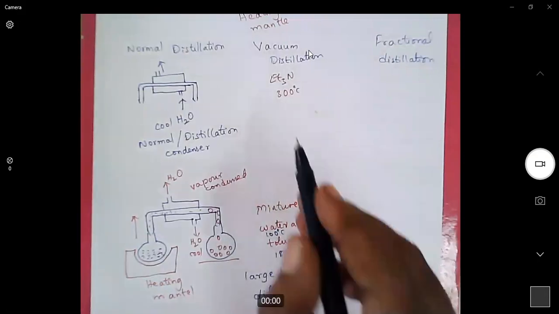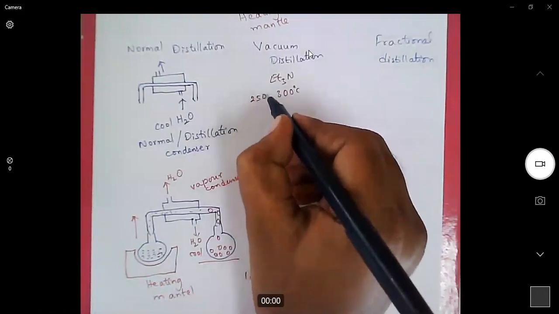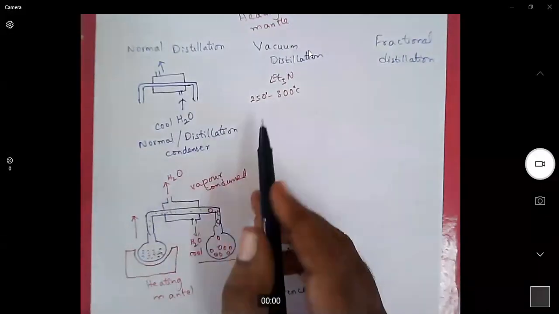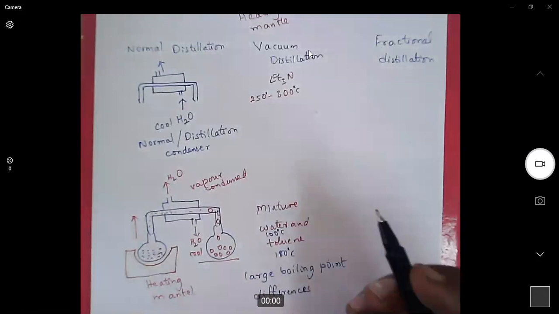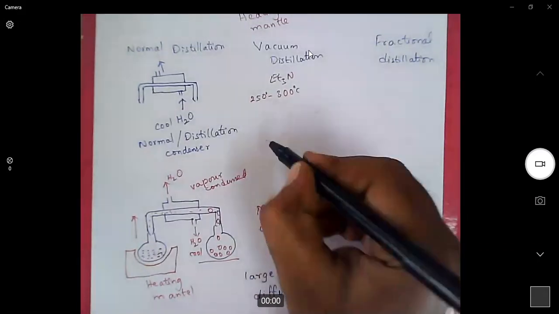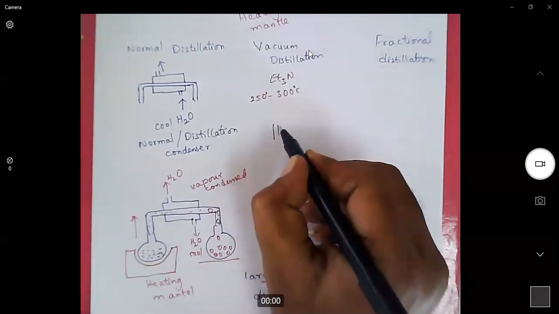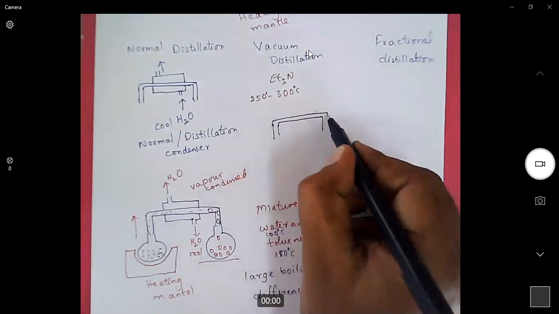So when we have liquids whose boiling points range from 250 to 300 degrees centigrade, separation using normal distillation is highly difficult. In that case, we will use vacuum distillation. Vacuum distillation is a simple extension of normal distillation.